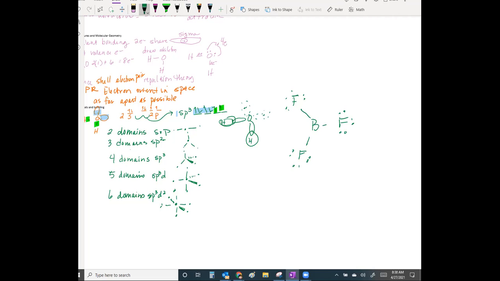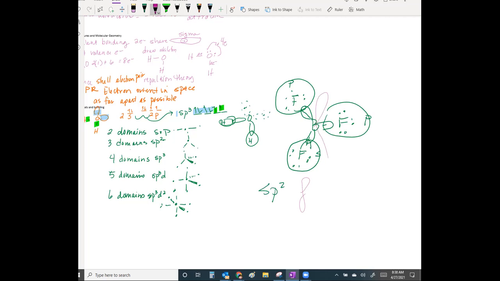No. So one of these orbitals is the s orbital that's changed, that's bonding with the F. One is a p orbital and one is a p orbital. So you've got those overlapping. I'm going to label these. This used to be s, this used to be a p, this used to be a p. So we're at sp2. But there's still a p orbital on that boron.